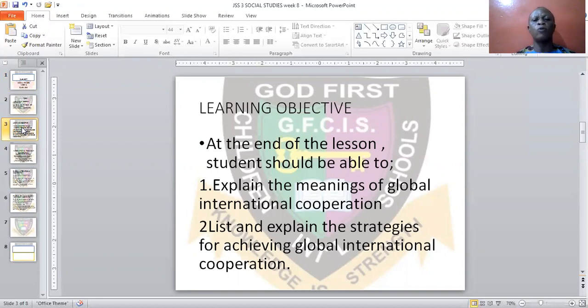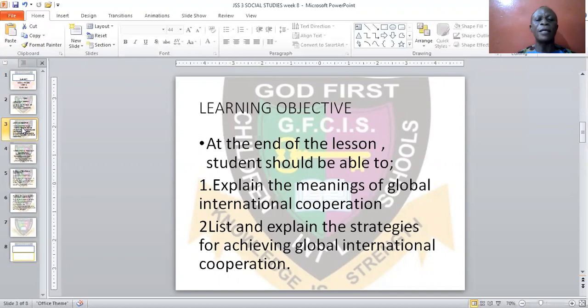lesson, you should be able to explain the meanings of global international cooperation. Two, list and explain the strategies for achieving global international cooperation. Simple. Meanings of global international cooperation.